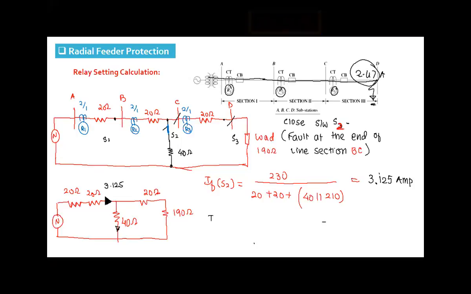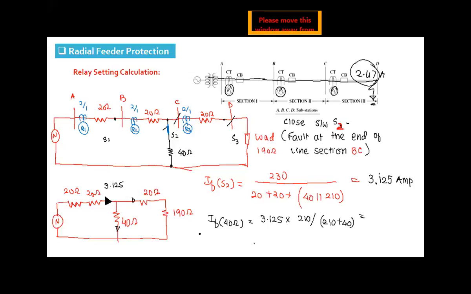What will be the current through the fault and what will be the current through the load, that we want to find? Let us say 40 ohm. So 3.125 into the parallel, which is 210 divided by 210 plus 40. And the current through the load, that is the 190 ohm, is 3.125 minus the current through the 40 ohm.